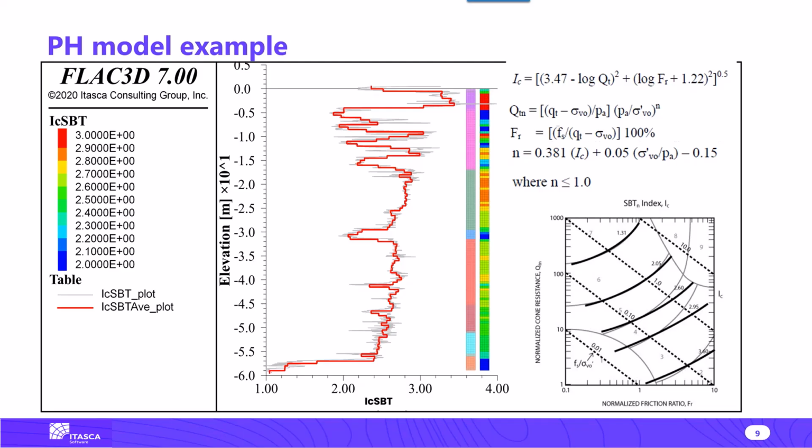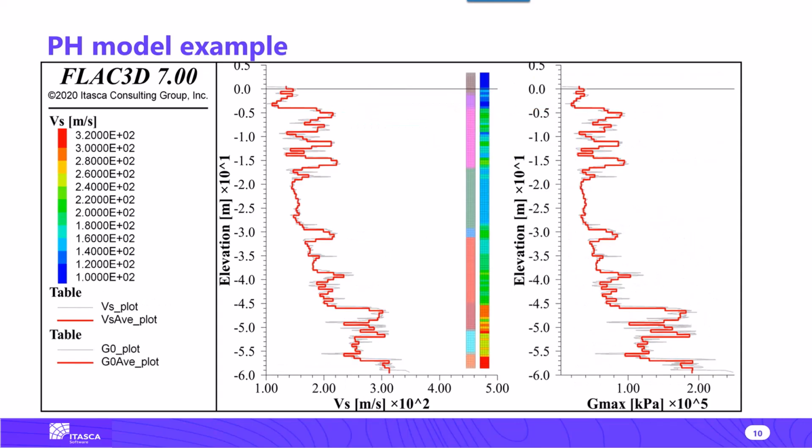Even, for example, in this case, I'm adding the soil behavioral type as an extra variable to determine what type of soil is dominant, for example, if it is drained or undrained. That is useful, for example, when you have a consolidation process, to detect those lenses of more permeable material, because they have an impact on the consolidation time. Similarly for the shear wave velocity and also the G max.